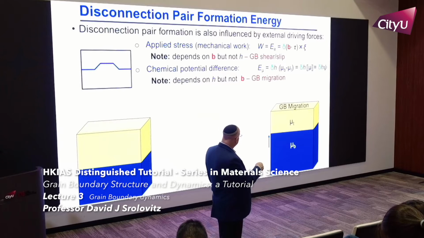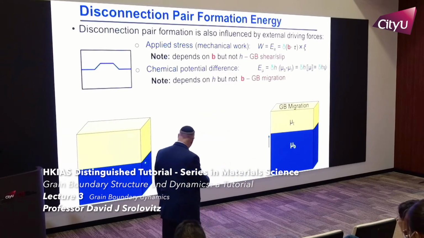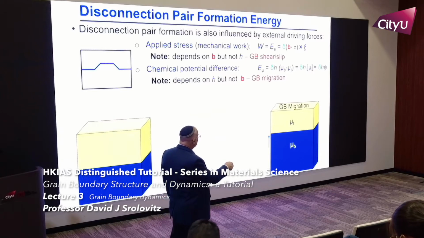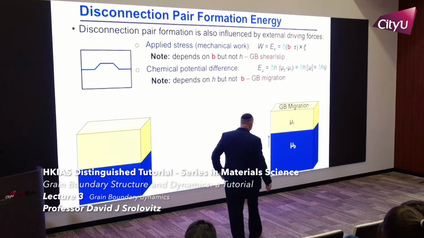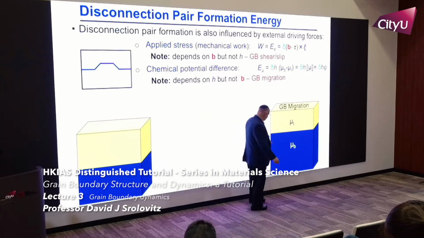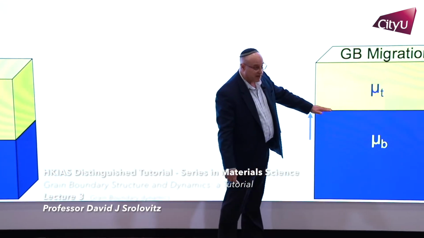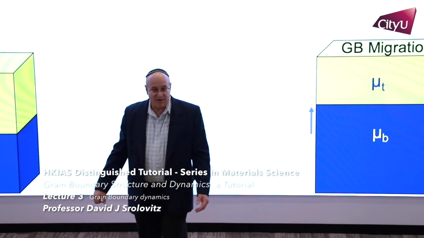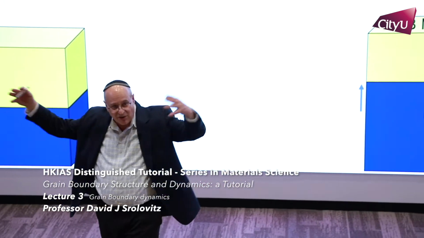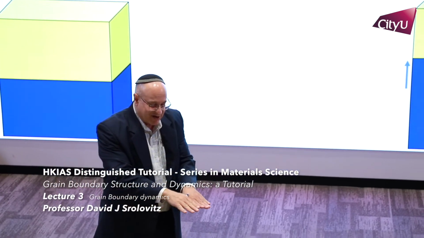And the chemical potential difference, the work done to move the grain boundary from here up to there, just depends on how much more of this blue crystal I've created when it moves up, and how much of the yellow crystal I've removed. So if I remove the high energy part and put in low energy part, that means the energy goes down when the grain boundary moves up.